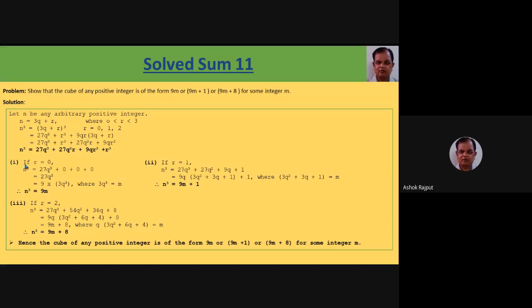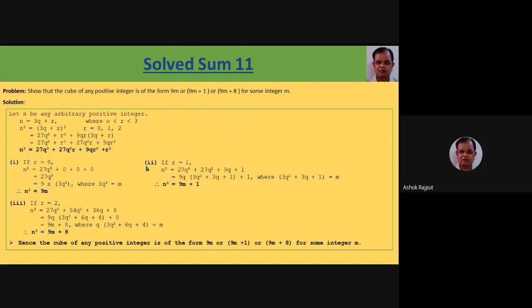If r = 0, we put 0 in every term with r, and only the first term remains. So n³ = 27q³, which we can write as 9 × 3q³. Let 3q³ = m. So n³ = 9m. This is the first step.